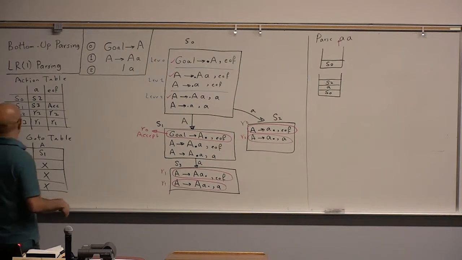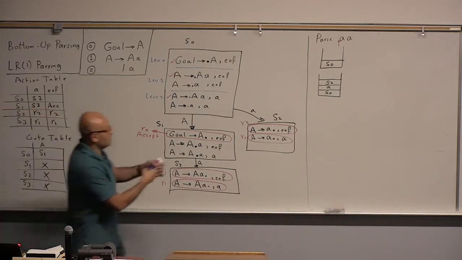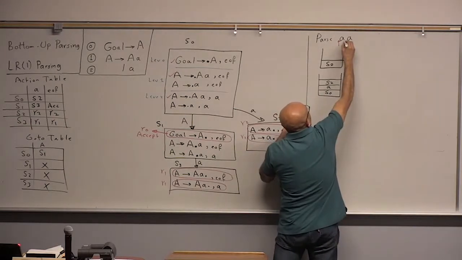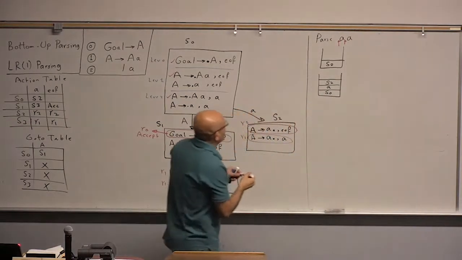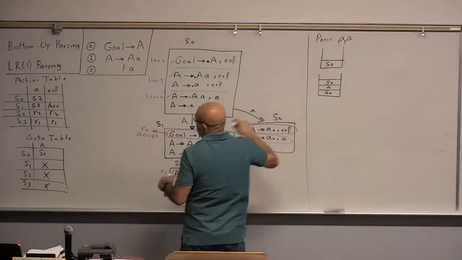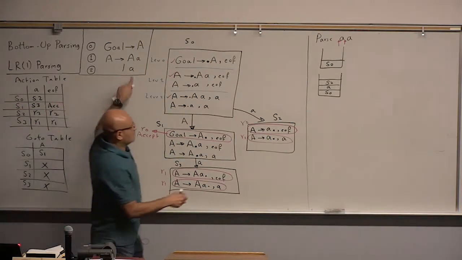Since I shifted, I'm here, but the look ahead is still an A. So if I'm in S2 with an A, reduce by rule number 2. Rule number 2 is this. So I make a reduction.